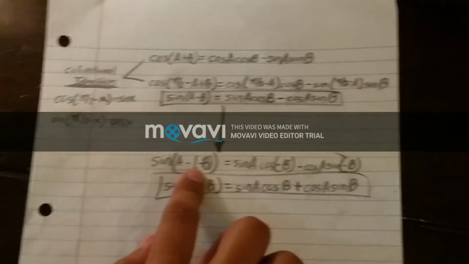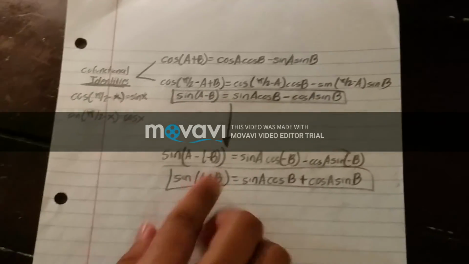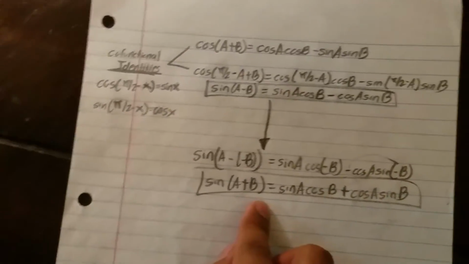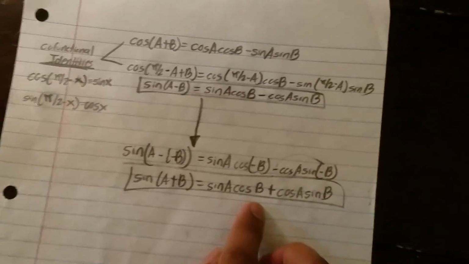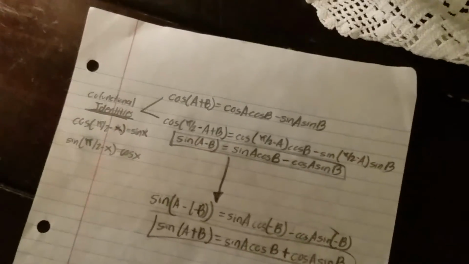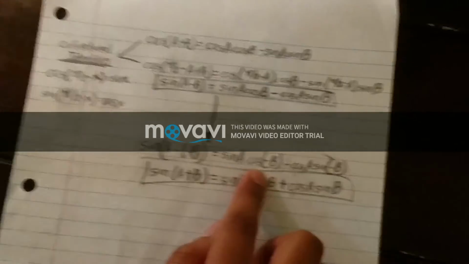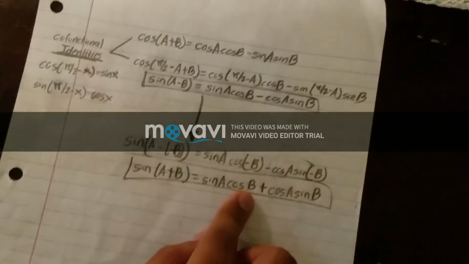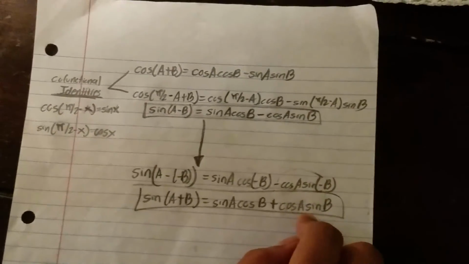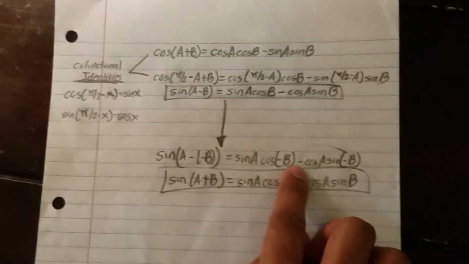Just like last time, we just solve it somewhat. So we're going to have sine (A plus B) equals sine A times cosine B plus cosine A times sine B. How we did it last time, cosine is an even function, so cosine negative B is going to equal cosine B. Just like last time, sine negative B is going to be sine B, but the catch is we're switching the values.